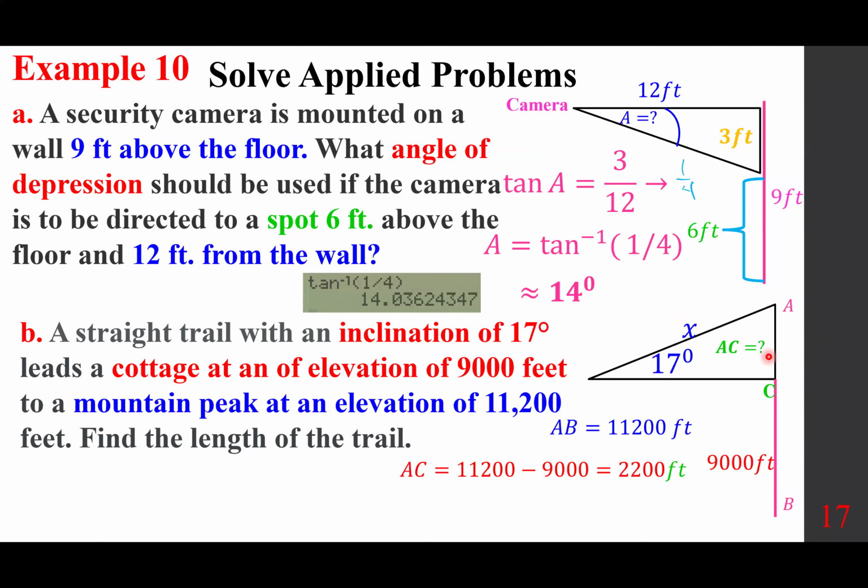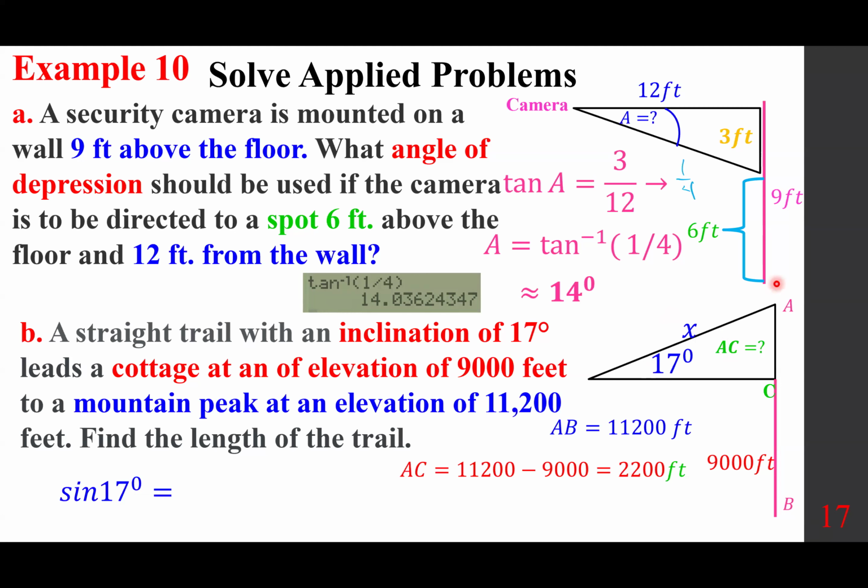Since we have AC, we can say sine of 17 is the opposite AC over the hypotenuse X. The opposite AC is 2,200. The hypotenuse X is missing.